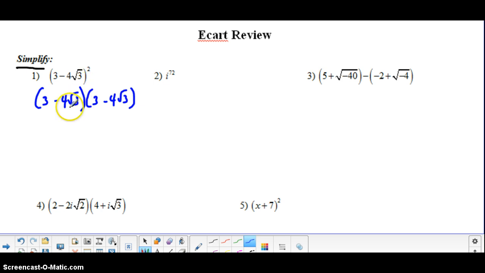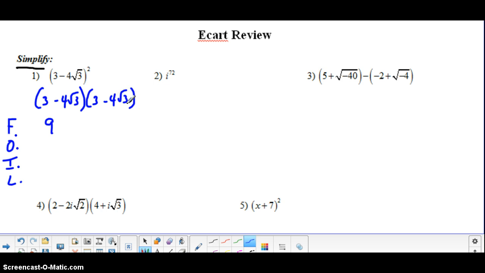Now that I have a binomial times a binomial, I can either use FOIL or the box method. I'm going to use FOIL. Remember what FOIL is. We have first, and so 3 times 3 would be 9. Outside would be 3 times negative 4 times the square root of 3.